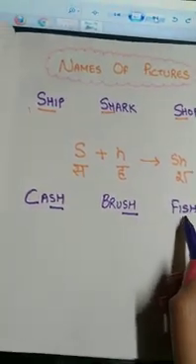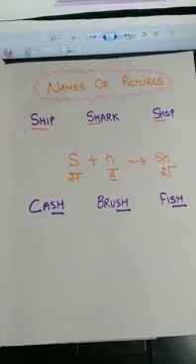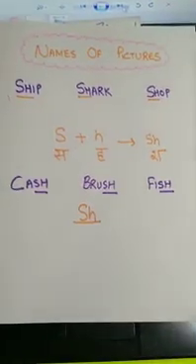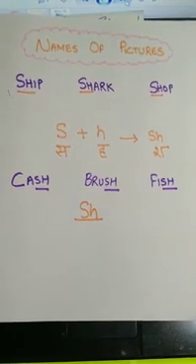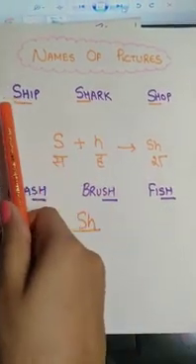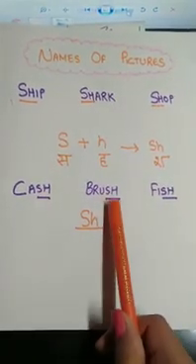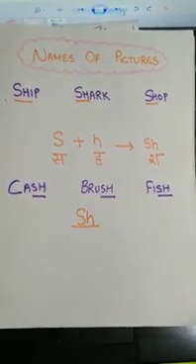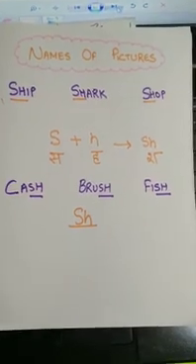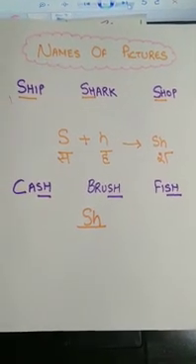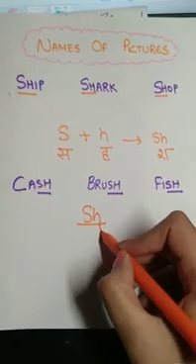SH, SH, SH. So students, keep in mind that you can find SH both in the beginning of any word and at the end of any word. And students, you are also familiar with so many words starting with SH.